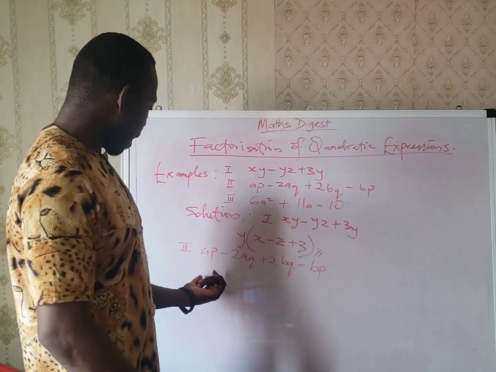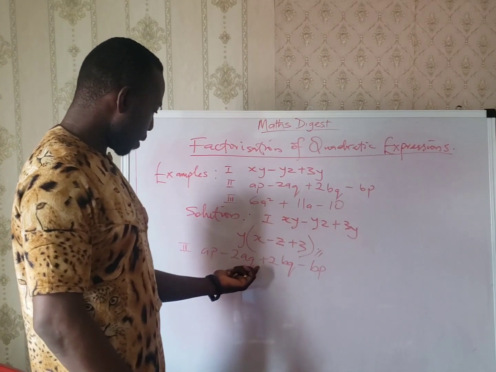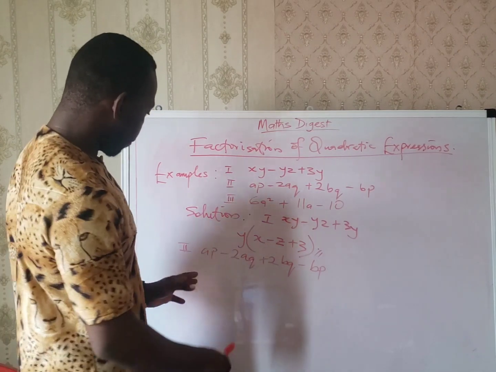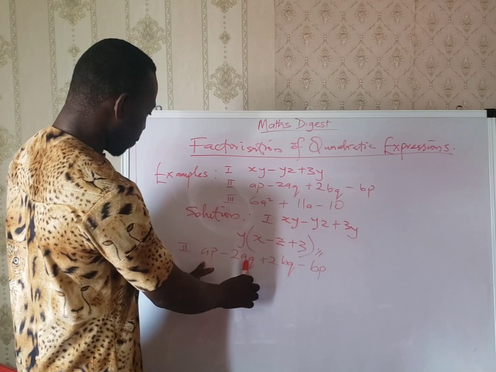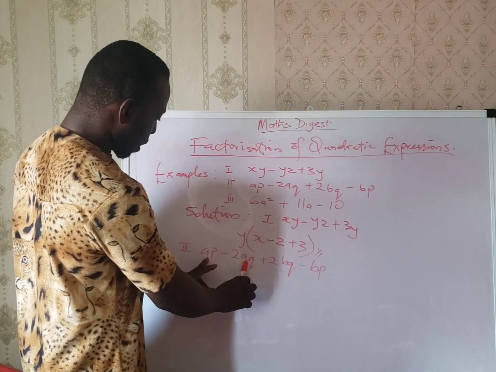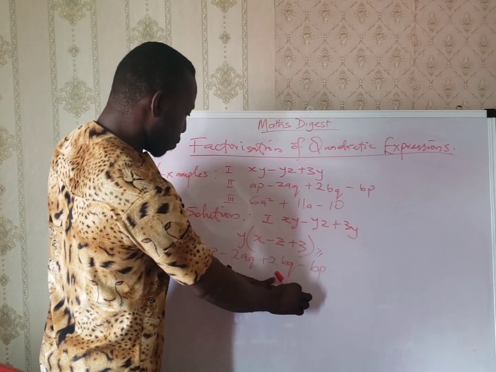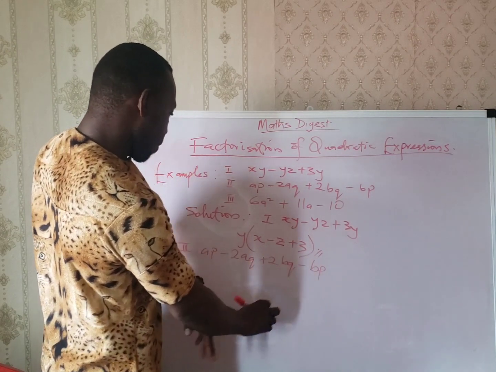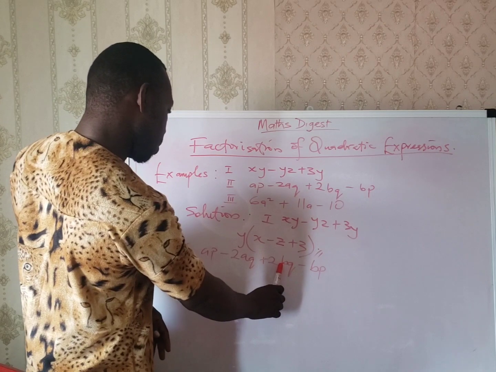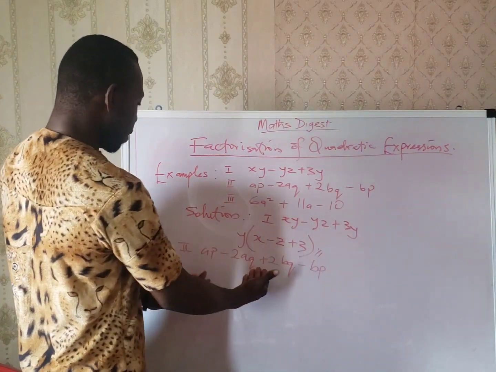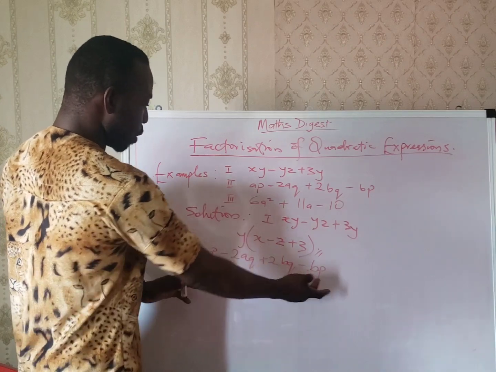Look at this. We have AP, we have AQ, and for these two, A is the common term. For the other two, B is the common term. If we leave it like this, you see that P is here, but P will be here.